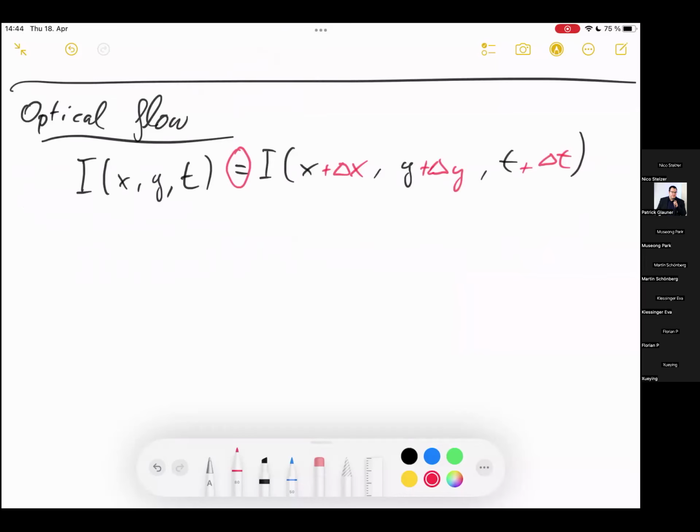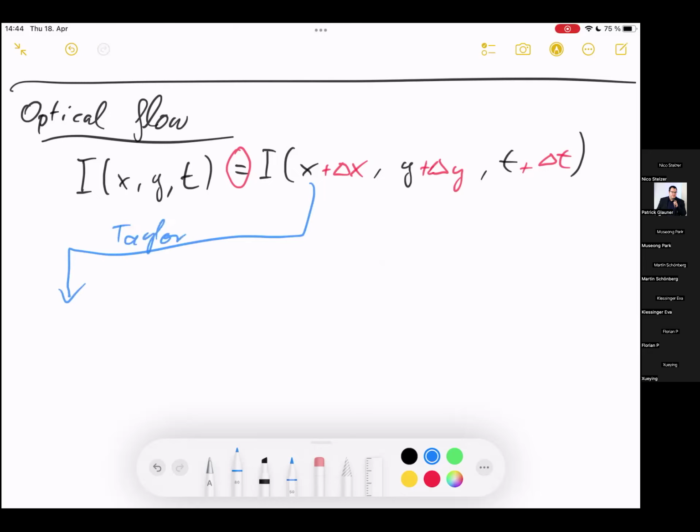And if we take our intensity from before, we can try to apply the Taylor series here. Taylor series, or Taylor expansion, is something we had also done in the Harris corner detector. And we will try this out now.